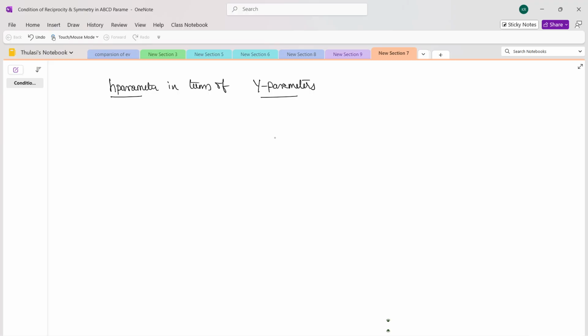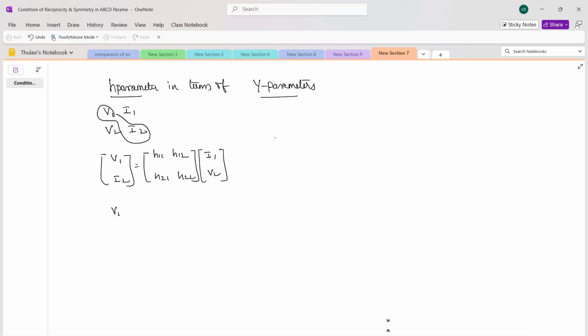Okay. How to write down H parameters: we have V1, I1, we have V2, I2. So we need to express V1, I2 in terms of I1, V2. So we can write V1, I2 is equal to H11, H12, H21, H22 of I1, V2.